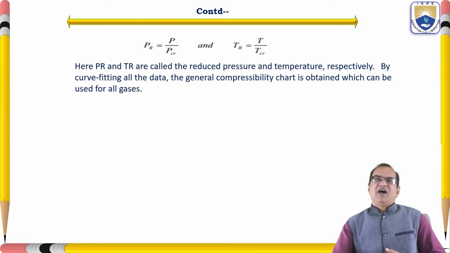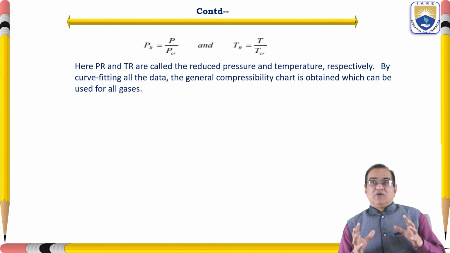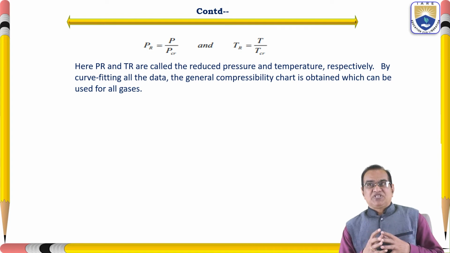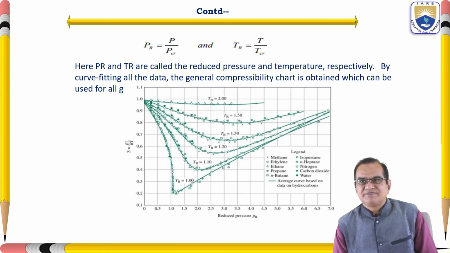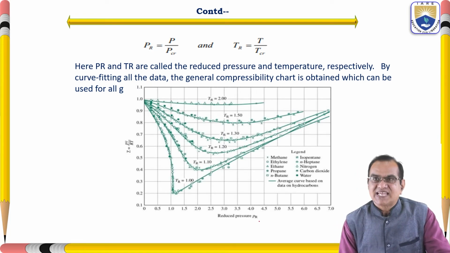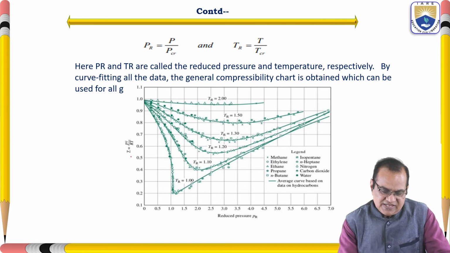So for these PR and TR, the reduced pressure and temperature, by curve fitting all the data, we can see here the reduced pressure on the x-axis, and here Z is equal to PV by RT.